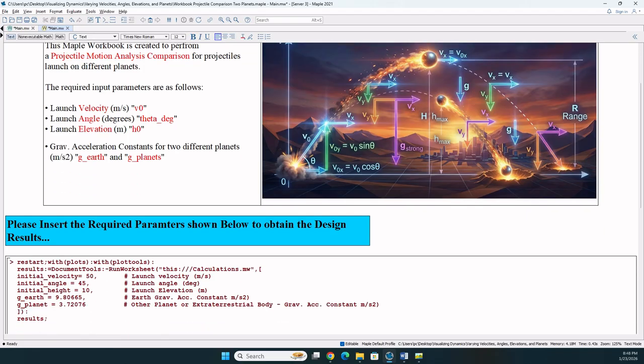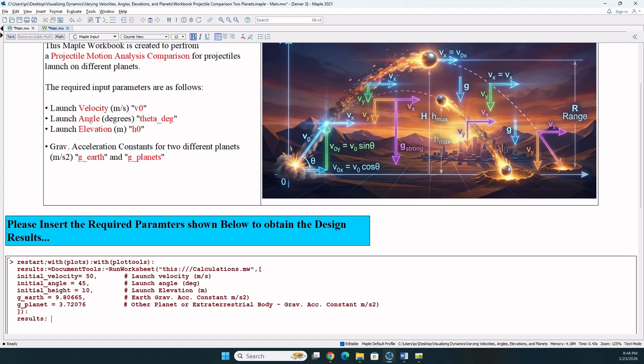The user inserts the required parameters here in this region. For this particular example, we have an initial velocity of 50 meters per second, initial angle 45 degrees, and height of 10 meters. These will be kept constant for both planets. Then the gravitational acceleration constant for planet Earth, which has this value, and that corresponding to planet Mars in this example, which is shown here.